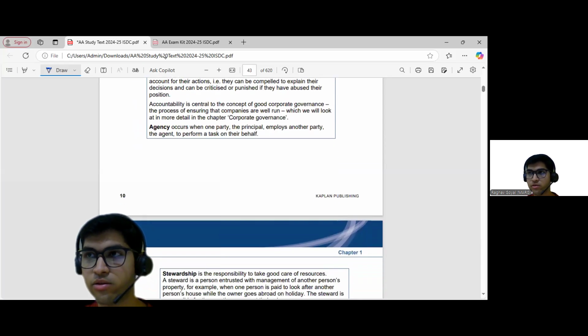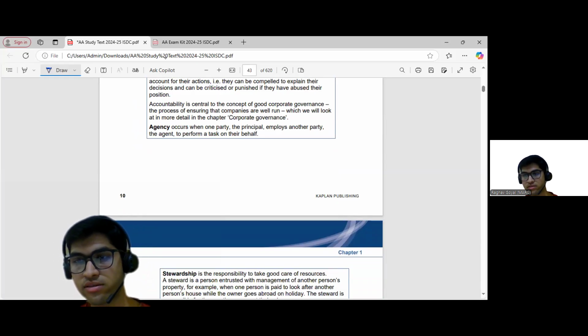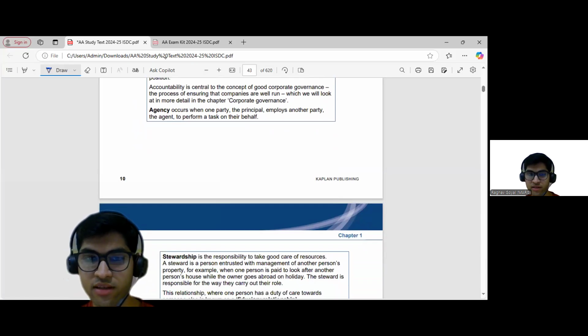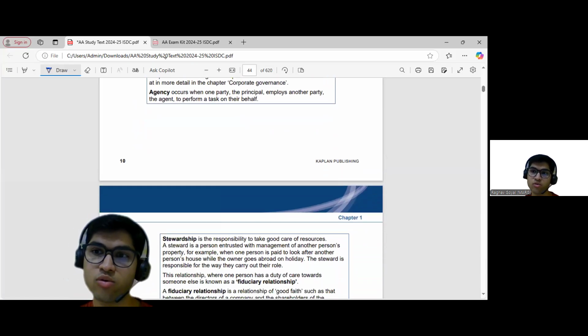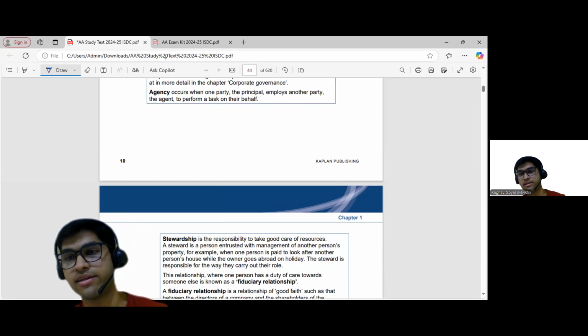Agency is when you appoint an agent to perform tasks on your behalf. So that is where the shareholder appoints the director as their agent to maximize their wealth. But if the agent acts in their own self-interest rather than in the interest of the person who appointed them as an agent, then that's an agency issue.